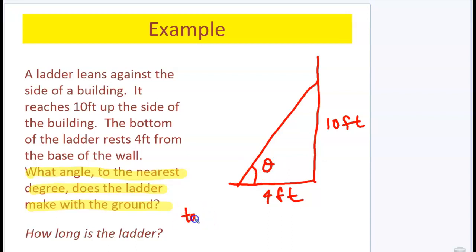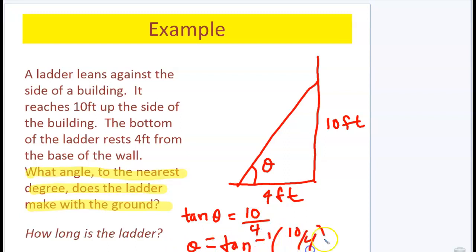So therefore, the tan of theta is going to equal opposite, which is 10 divided by 4. Again, we'll take the tan inverse of both sides. And if we go to our calculator and do the tan inverse, you get 68 degrees approximately if you round off to the nearest degree.